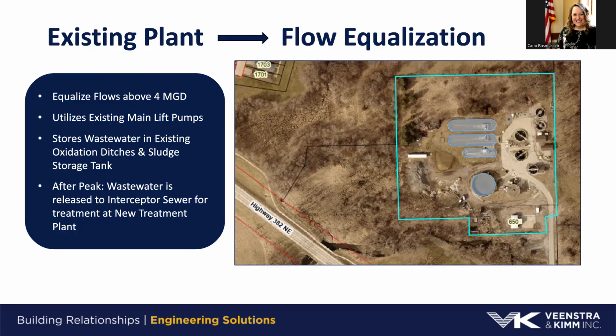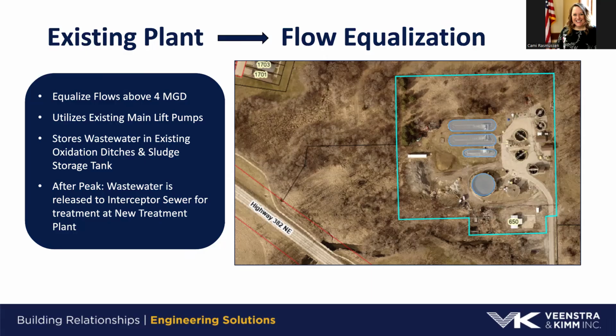It also gives you a fail-safe if there were ever a problem at the main plant for some reason. You could store quite a bit of this, or if there was ever a discharge, we've had that happen before where communities have had somebody discharge something we don't want at the plant that's toxic. And you can pause it and kind of collect it. So it was decided to keep this facility operational for storage and peak flow events.